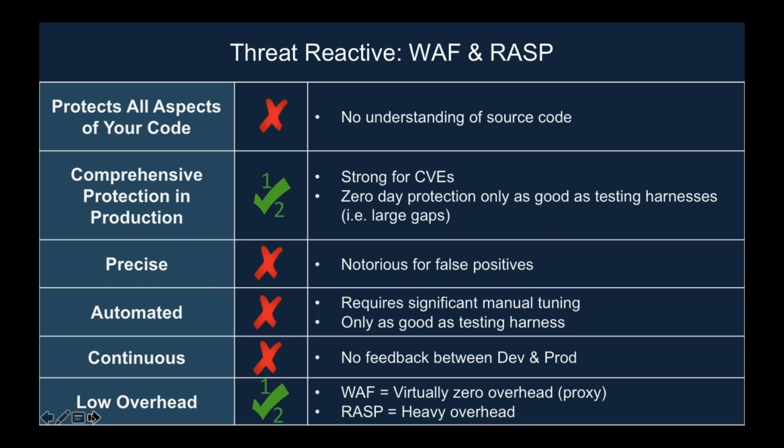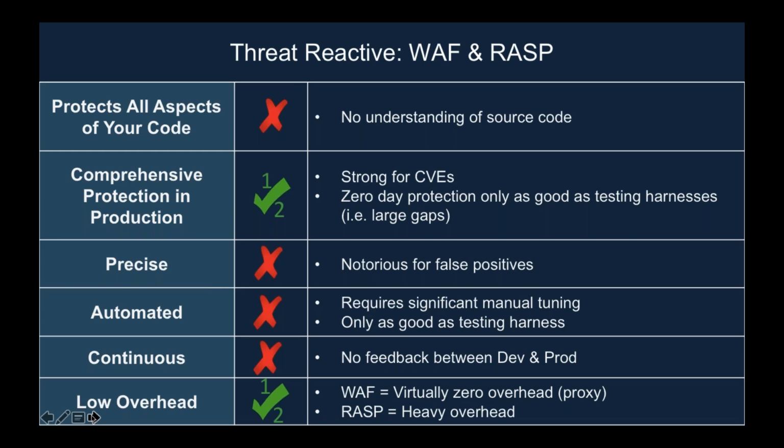And if there are 100,000 pieces of new threats coming out every single day, the manual tuning is only going to go exponentially higher. And it's as good as your test suite is. There is no feedback between dev and production because, again, RASP only operates in a production environment. So there is no feedback either from production back to a dev environment or from dev to production.